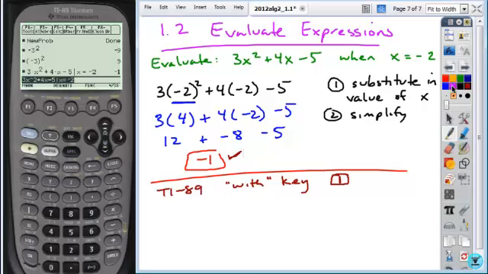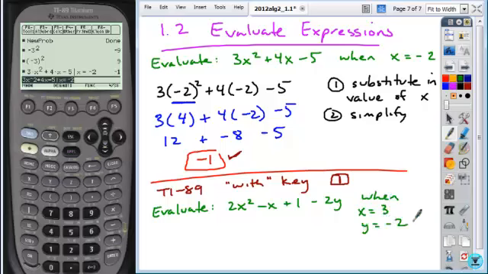And so let's say I took the following problem. And what if I took the expression 2x squared minus x plus 1 minus 2y, and you want to evaluate that when x is equal to 3 and y is equal to -2.